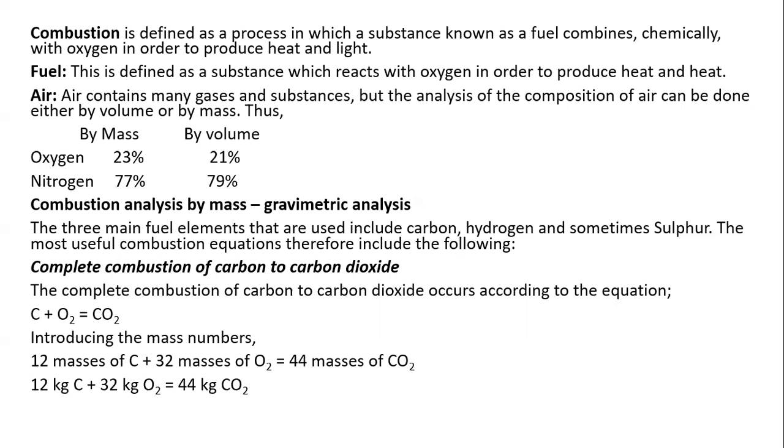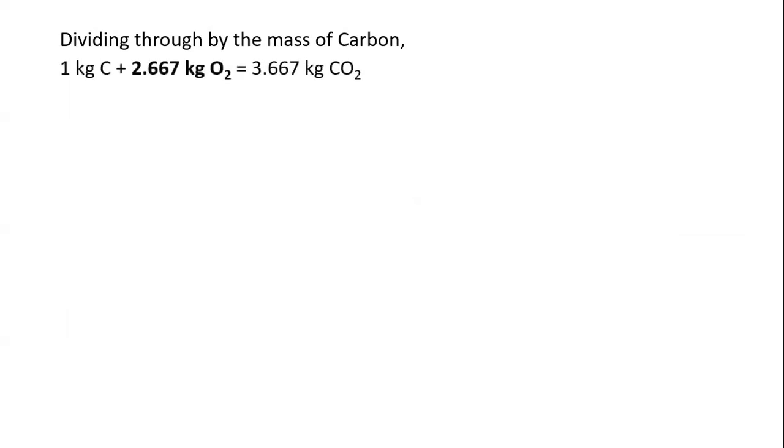Now, one thing you realize here is that our question is, how much oxygen do I need to burn 1 kg of this carbon? So we have to start by dividing through by the mass of carbon so that we can reduce it to 1 kg. Divide everywhere. So here you end up with 1, there you have 2.667, or 2 2/3, then here it's 3.667, or 3 2/3.